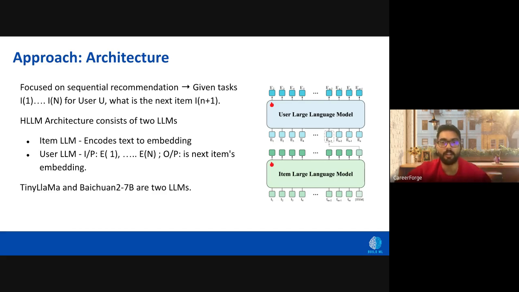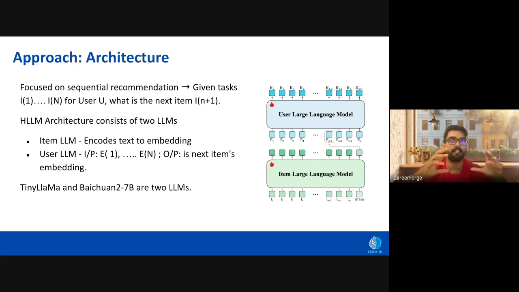They're based more on the ID of the item. Here, it's the actual embedding from text and title. So all the item embeddings are taken in sequence, and this new item embedding is passed, and we try to predict if the user will actually interact with the item or not. How exactly this item embedding is passed into the user LM, we'll come to in a few slides.